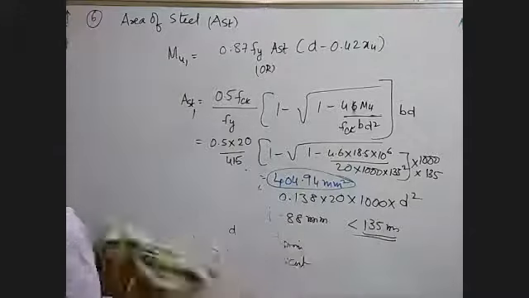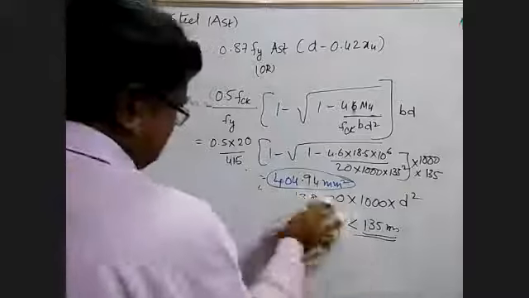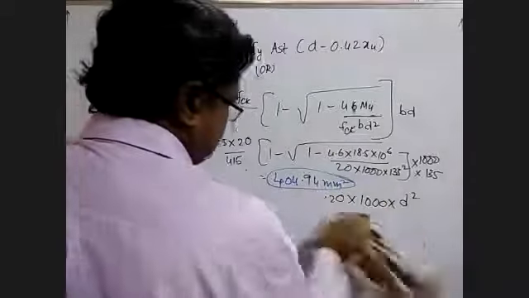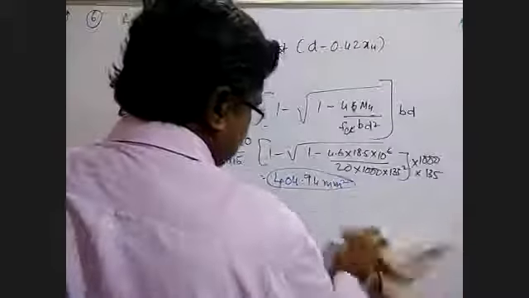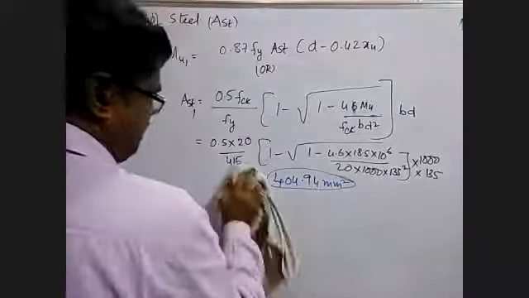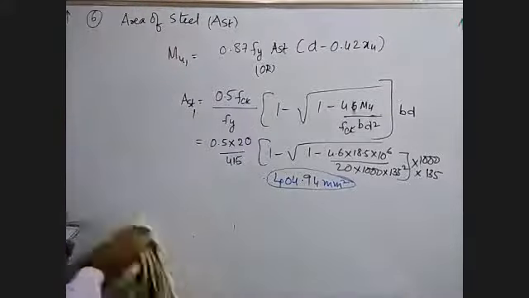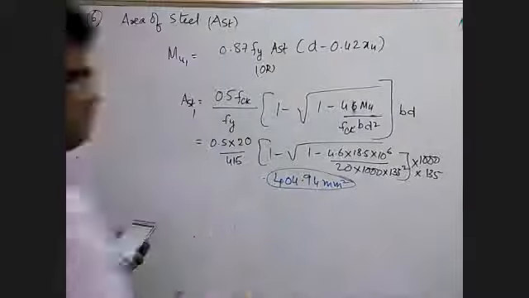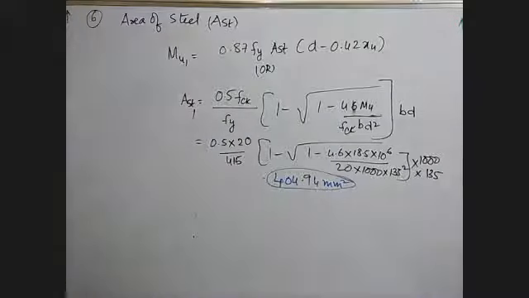Don't make calculation mistakes. When I write on the board, you are there to read it, but in the exam don't do that. You be careful. So what should we do to avoid these? It requires practice. While practicing you may commit mistakes, so that mistakes will not be repeated in the examination. For design of RC structures, maybe RCC or steel or analysis, it requires practice.